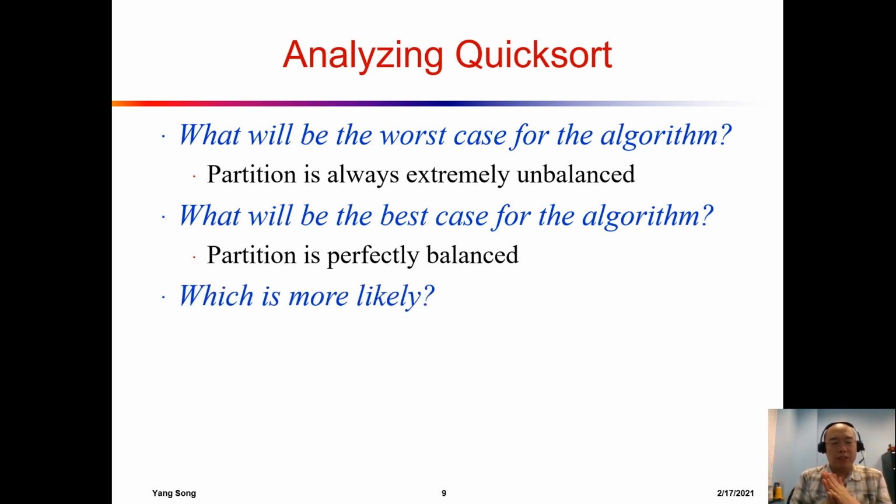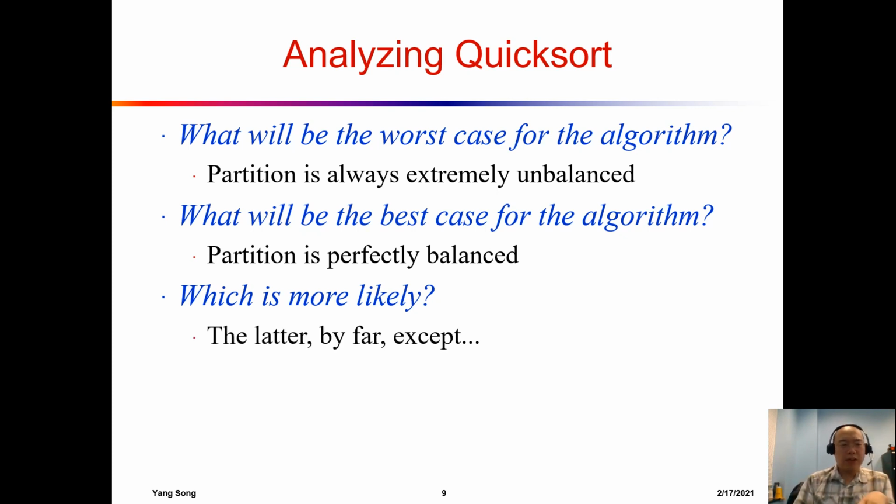And the next question: which is more likely to happen? Are we going to have something closer to the best case, or something closer to the worst case? You may feel that for the worst case we have to go extreme. We have to be unlucky picking the largest value or the smallest value, and we have to do that continuously, for each partition.